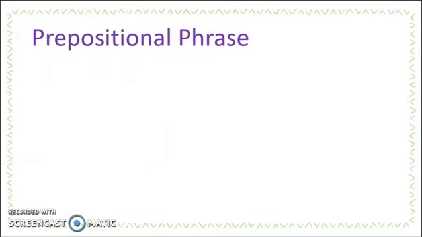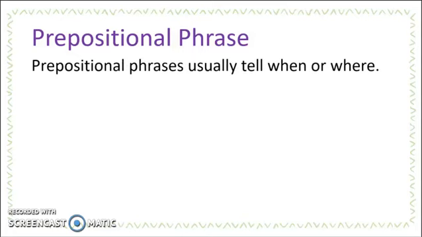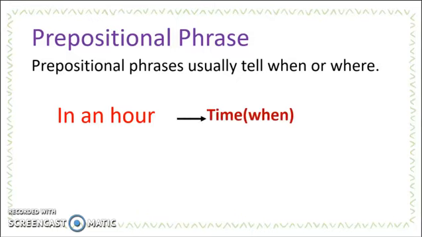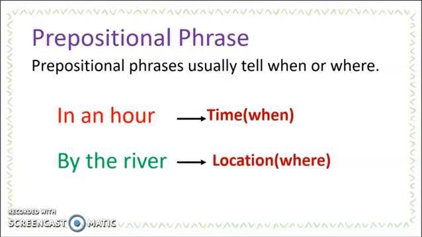Also, always remember that prepositional phrases usually tell when or where. For example, in an hour. It suggests time, or when. Another example, by the river. It refers to a location, or where.